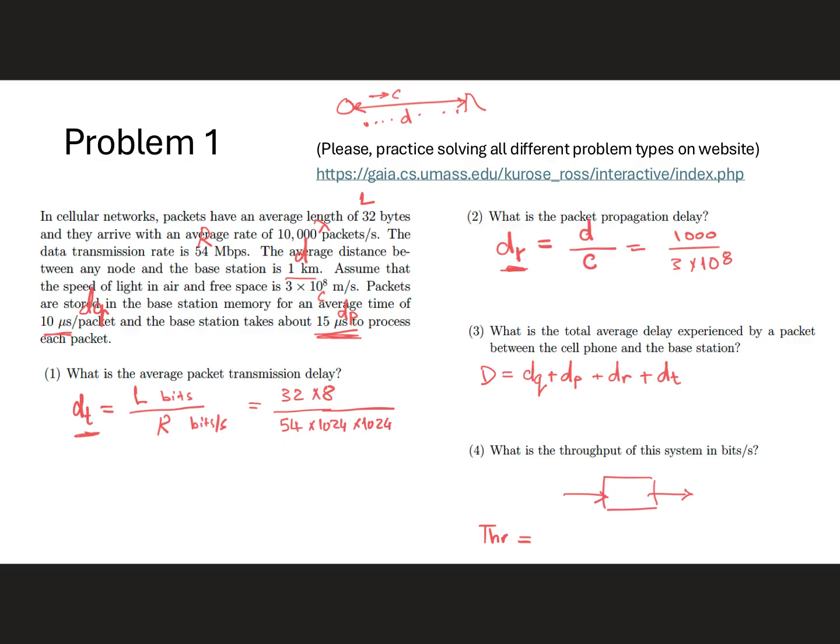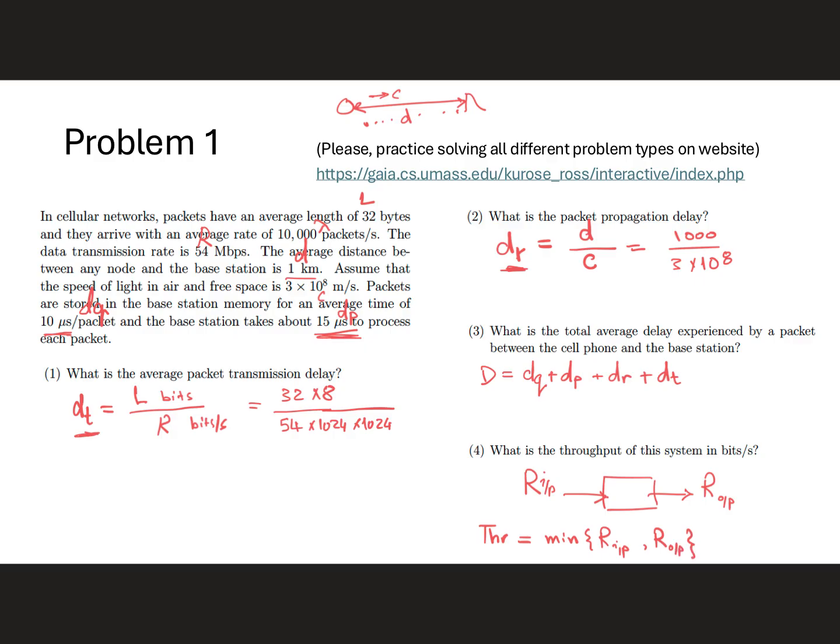So in this case, it's going to be the minimum amongst the input rate, R input, and the output rate, R output. So the minimum of R input, R output.